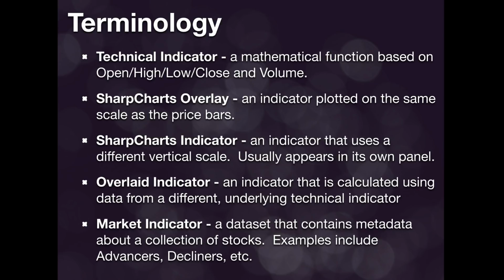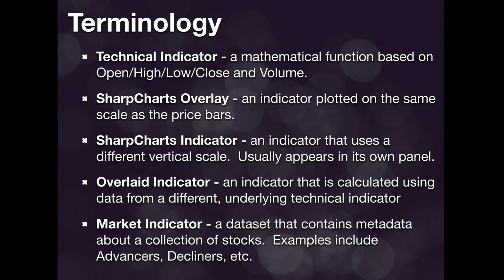That means it doesn't fit on top of the price bars, and instead it goes into its own separate panel, either above or below the price bars. We're going to see how we can change that today, but that's generally how SharpCharts indicators are done. When you're looking at the SharpCharts workbench, when you're trying to create your chart, you'll see one area for overlays and a different area for indicators. So that's why it's important to understand those two things.